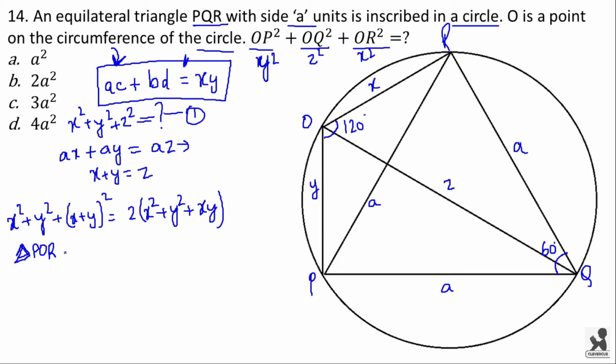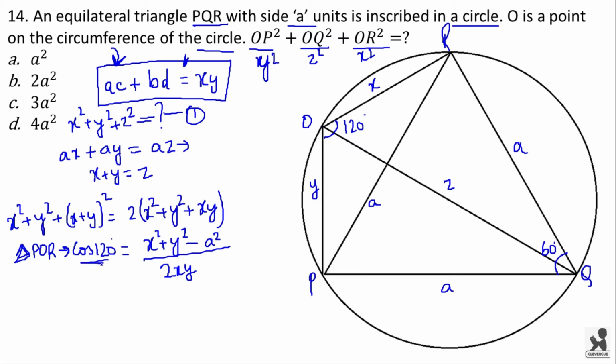So from triangle POR, by applying the cosine rule, cos 120 degrees is equal to (x square plus y square minus the opposite side of this angle, that is a square) divided by 2xy.